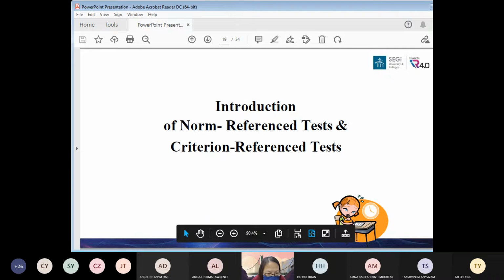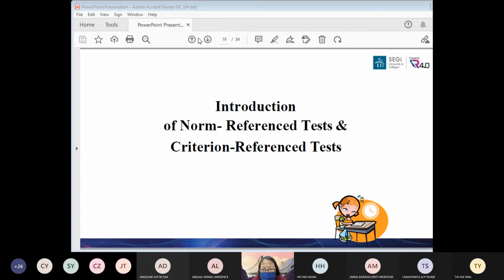Tashni, can you explain to me what is norm reference test? It's based on our students' performance compared to other groups. Other group as in? Like the ECE, there are a lot of groups, so we compare between the groups? No, you are almost there.